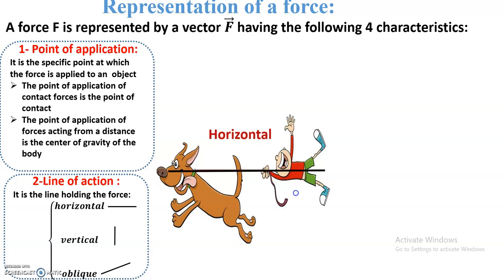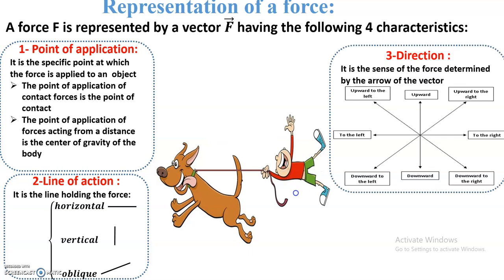Here I want to specify the direction. So the direction is the sense of the force. It's determined by the arrow of the vector. It can be upward, downward, to the left, to the right, upward to the right, upward to the left. Any words can describe the direction, I mean the force from where to where. So here the force is to the right.